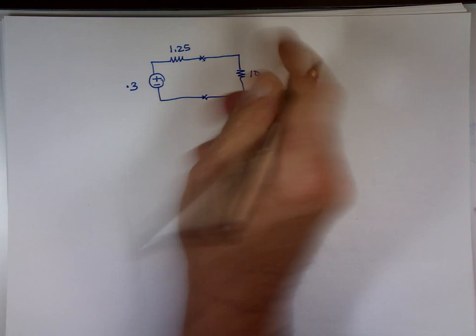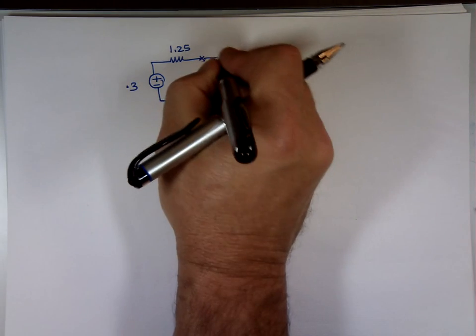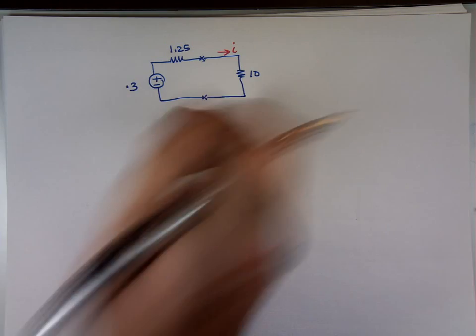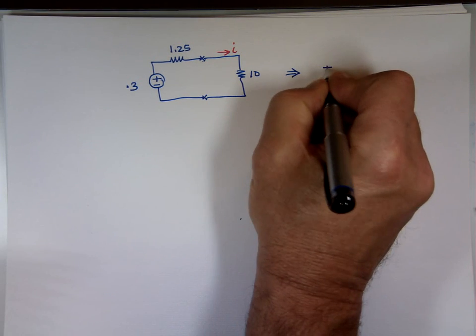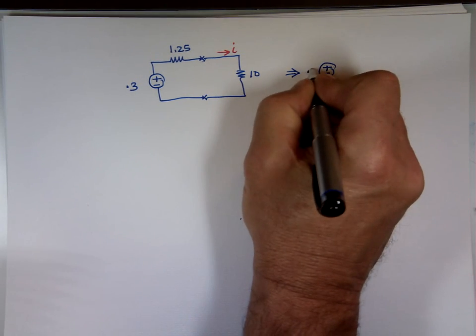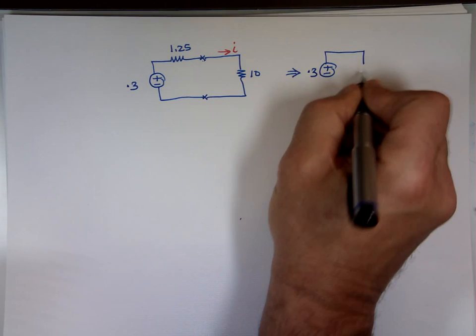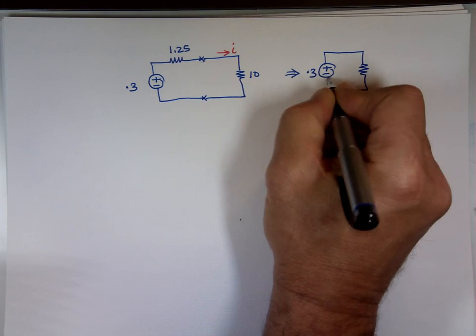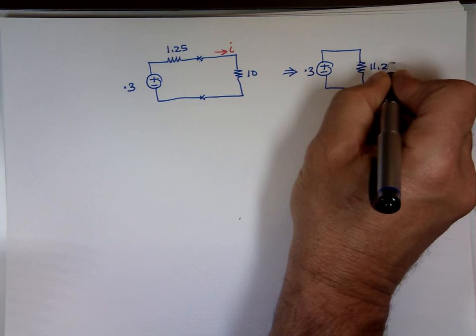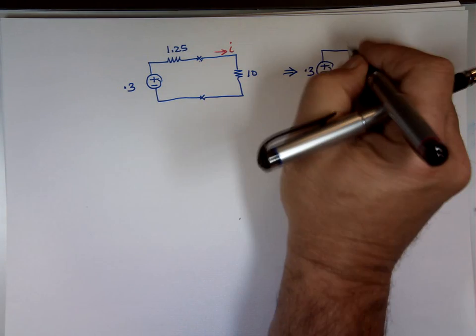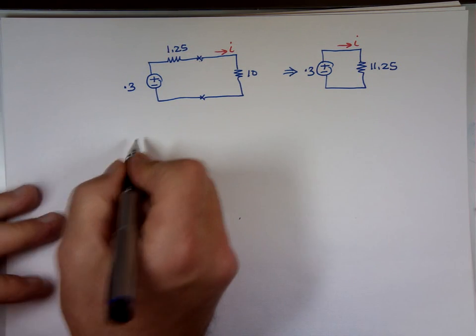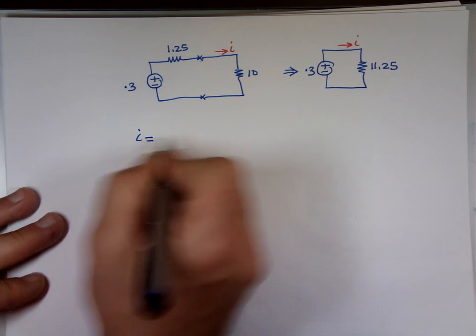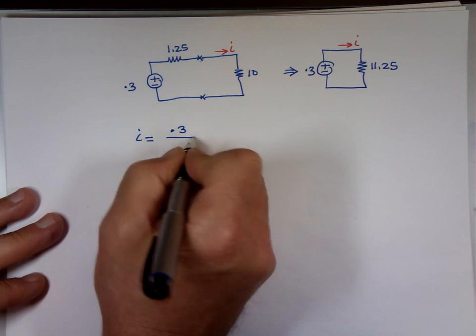And what is that current? Well, if I combine them, it's not going to change I. So you can take that circuit and change it to this. 0.3 divided by one resistor of the value of 11.25. Because I'm looking for the current, not the voltage, so I can combine them. So now what is I equal to? 0.3 divided by 11.25.